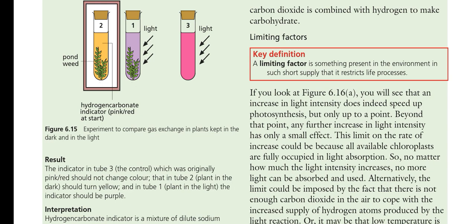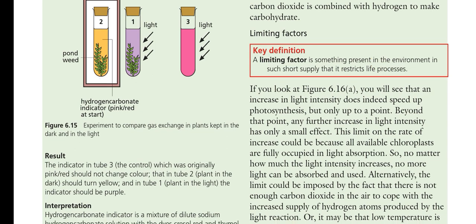So the limiting factor is a very important concept for learning how to read the graph. A limiting factor is something present in the environment in such short supply that it restricts life processes. If we decrease that factor, growth will be restricted.